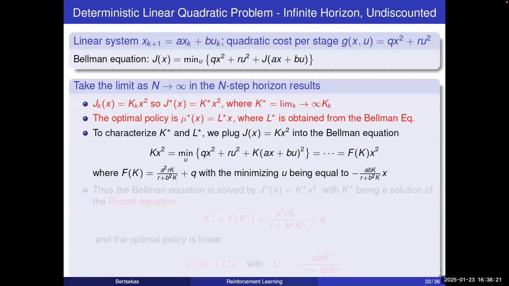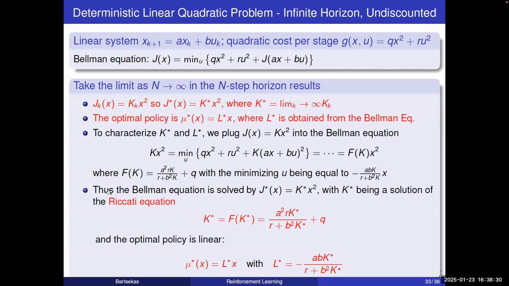And as you note here, it's nonlinear, because the denominator involves K. So the original Bellman's equation is solved by a quadratic function where K star is the solution of the Riccati equation. This is what we refer to in control literature as the Riccati equation, which is essentially Bellman's equation with the function restricted to quadratic functions. And the optimal policy is linear in x, where here are also closed form formulas.